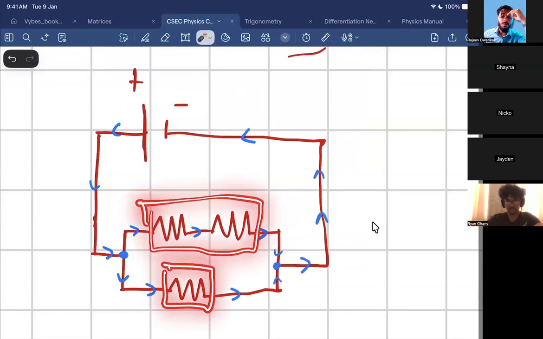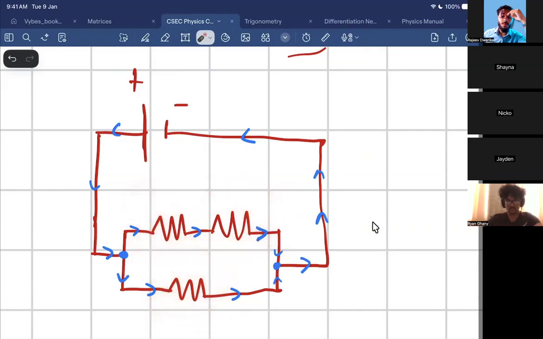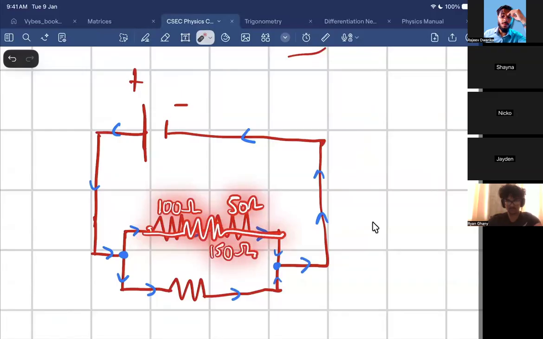Parallel. If you wanted, you could have combined these two resistors into one. If I told you that this was 100 ohms and this was 50 ohms, what would the combined resistance be? Tell me, Ryan. 150. 150, because if you have resistors in series, you just add them. So I would have a 150 ohm resistor there, and let me say we have a 70 ohm resistor here. These resistors will be in what?